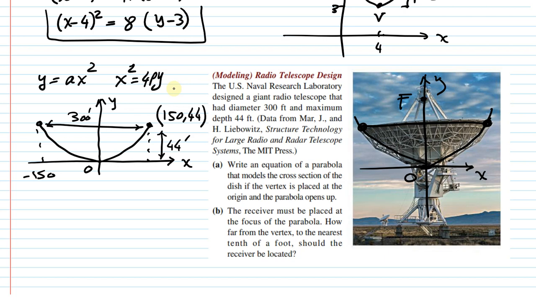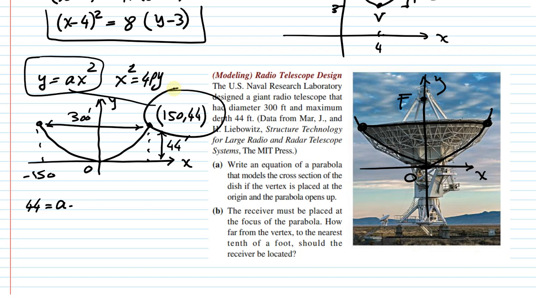Now for this one, all we need to do is determine a here, correct? I'm just going to plug in these coordinates into the equation. So when y is 44, a times x is 150 squared. From this, we're going to get a to be 44 divided by 150 squared, which is 22,500, right?